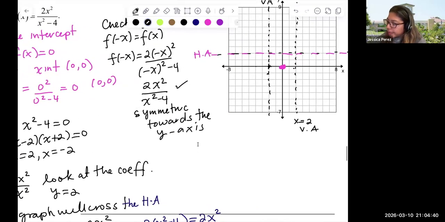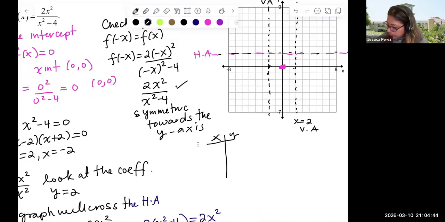Then you're going to be testing points. So you're going to do test points. What happens before x equals negative 2, so at negative 3. What happens between negative 2 and 0, so at negative 1.